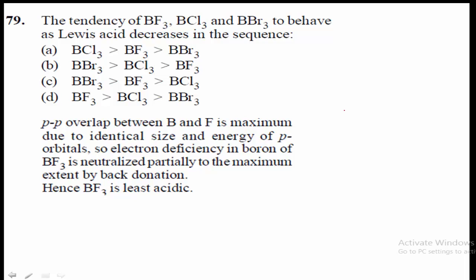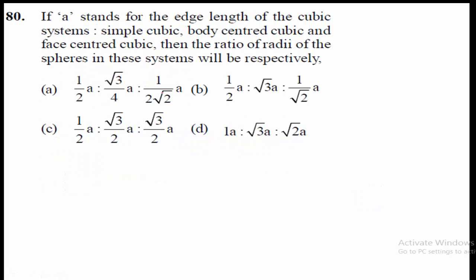So pp overlap between B and F is maximum due to identical size and energy of p orbitals, so electron deficiency in boron of BF3 is neutralized partially to the maximum extent by back donation. Hence BF3 is least acidic. Therefore, option B, the least acidic among these 4 is BF3, which is present only at option B, and hence option B is the right one.